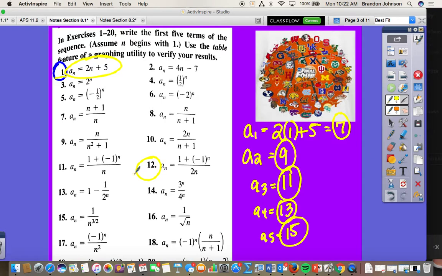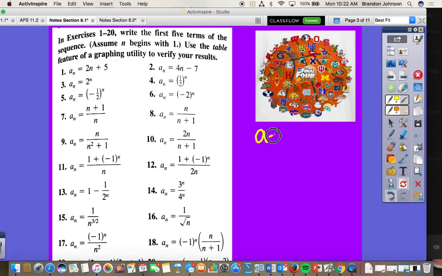Now, it might be a little more tricky because you have to solve it algebraically, but you could still attack it the same way we did up here. On number 12, let's find the third term. We do 1 plus negative 1 to the third over 2 times 3. What's negative 1 to the third? Negative 1, good, Jay. Plus 1 would be 0. So this would be 0 over 6, which would be 0.